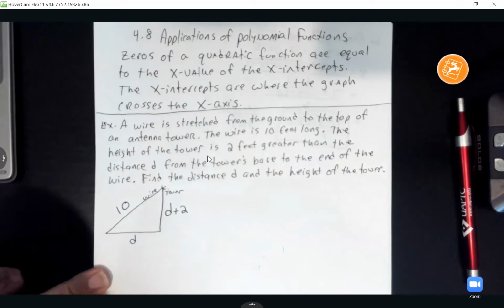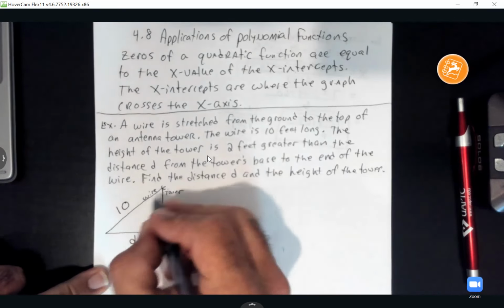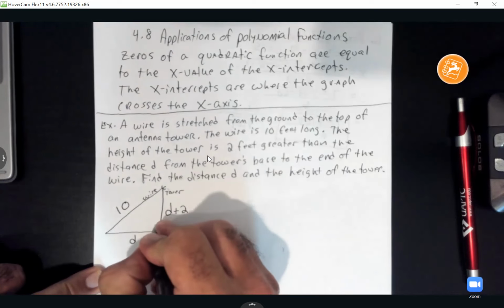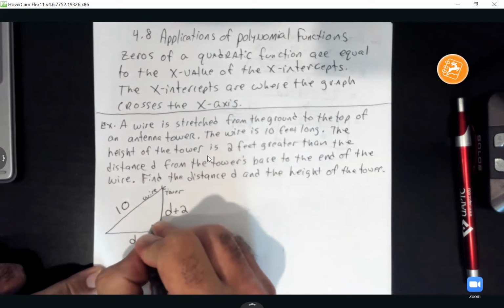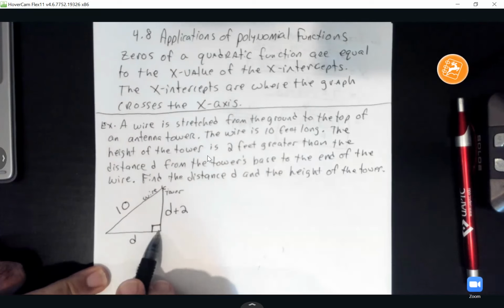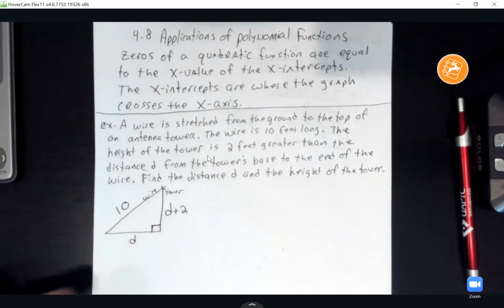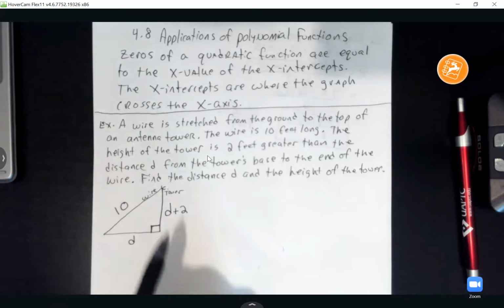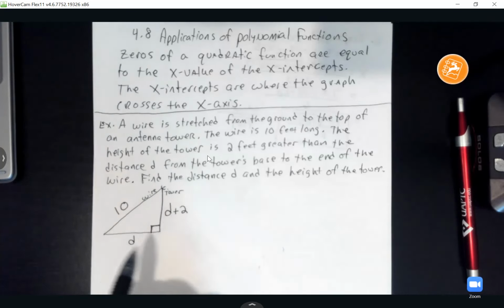Now, what we want y'all to realize is that this makes a triangle, and specifically, since that's a 90-degree angle here, this is what we call a right triangle. And there's a nice little formula that'll solve for the sides of this right triangle.